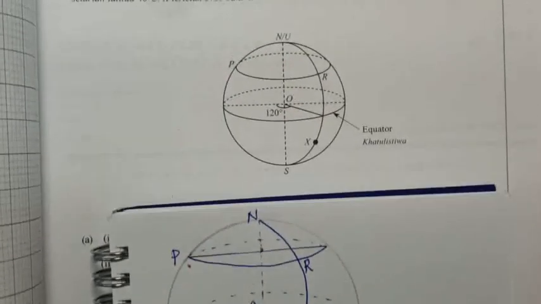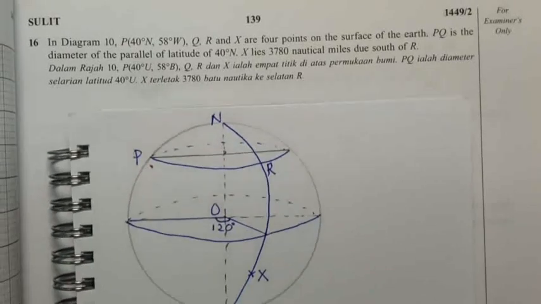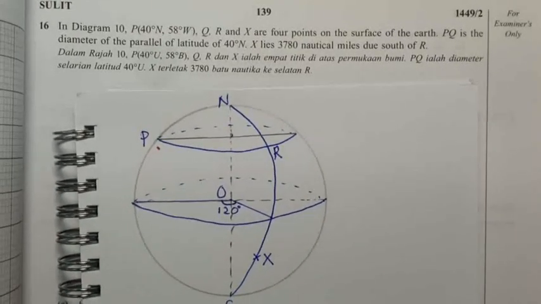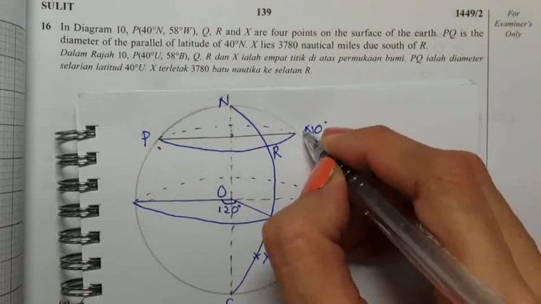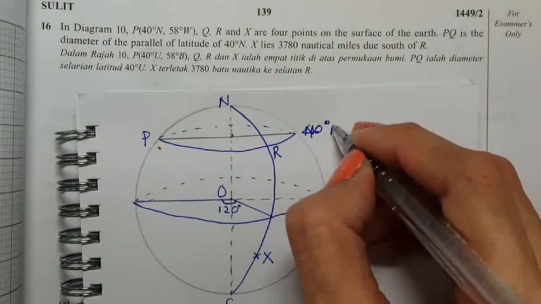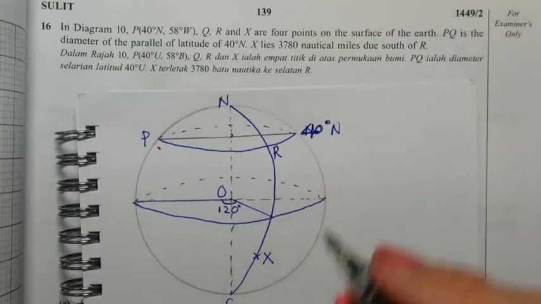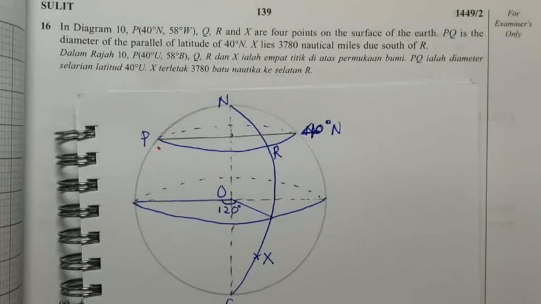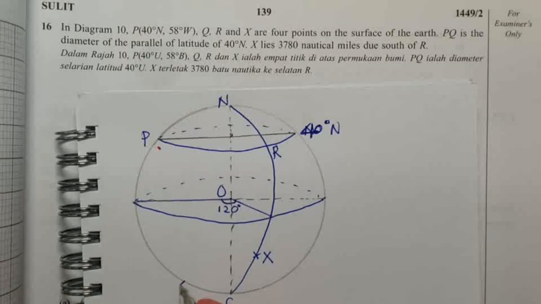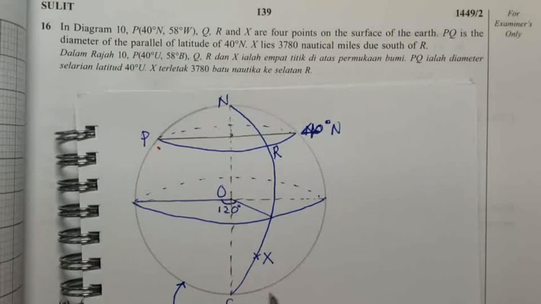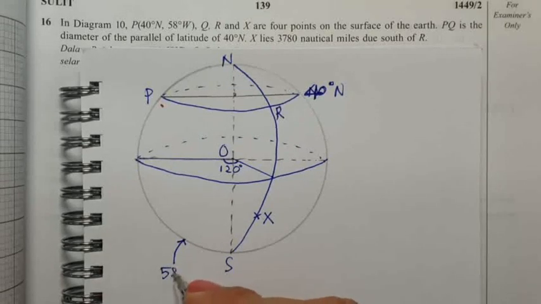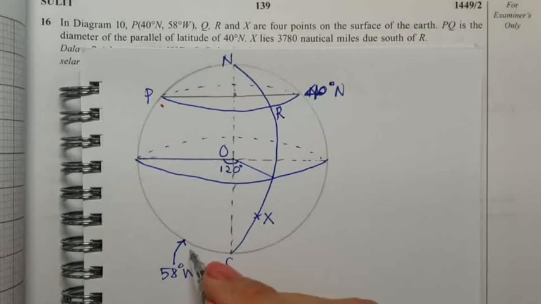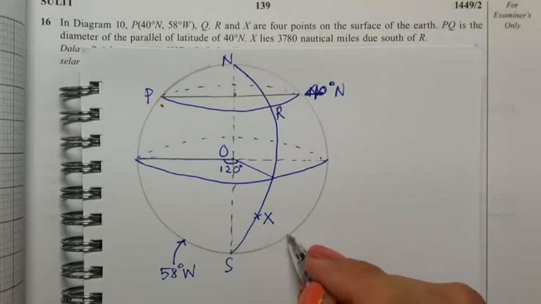All right, now let's fill up the important information. It says that P is 40 degree north. So this is 40 degree north. Okay. And 58 degree west. So let's mark down the longitude at the bottom here. Make it a habit. 58 degree west. So if this is 58 degree west, the opposite end will be 180 degree apart.